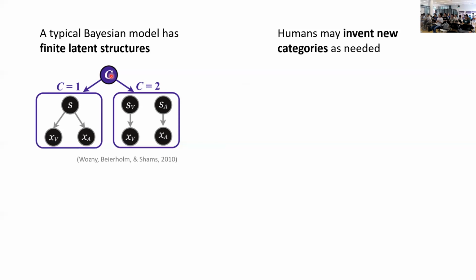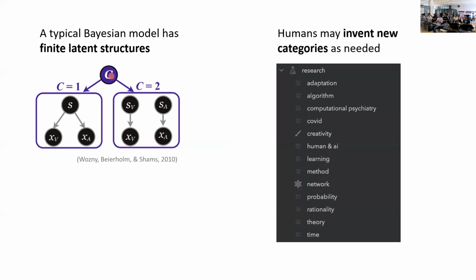But humans may invent new categories as needed. For example, when we try to organize our ideas with a note app, we may come up with new tags from time to time. We're not restricted to saying I can just use these 2 tags, or the 3 tags. We can add new tags.